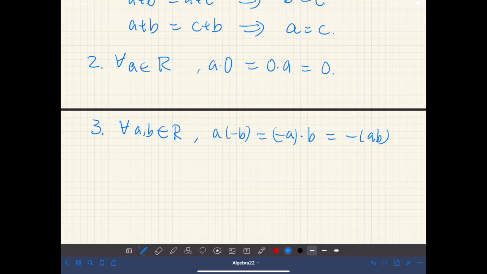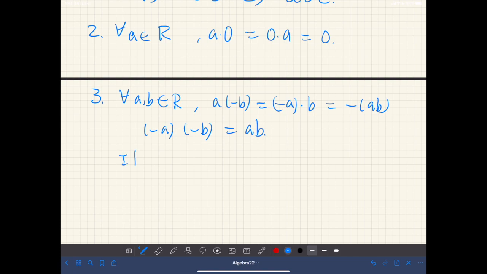And also negative A times negative B. Here negative A and negative B are additive inverses of A and B respectively. This is equal to AB. And if R has an identity called 1, then negative 1 times negative 1 is equal to 1.